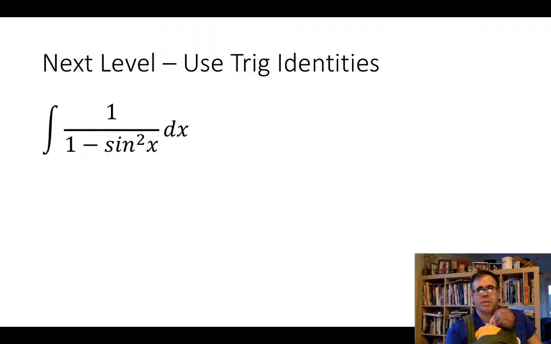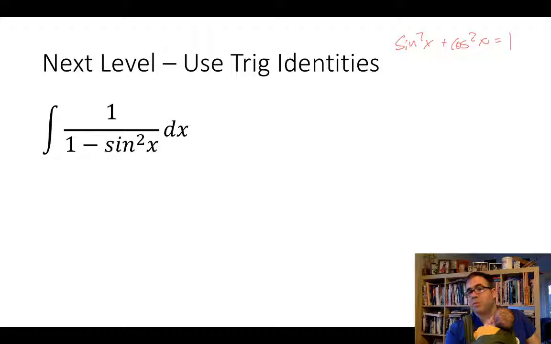Next, use some trig identities. The major trig identities that you should remember above all else. If you can only remember one, it should be sine squared x plus cosine squared x equals 1.